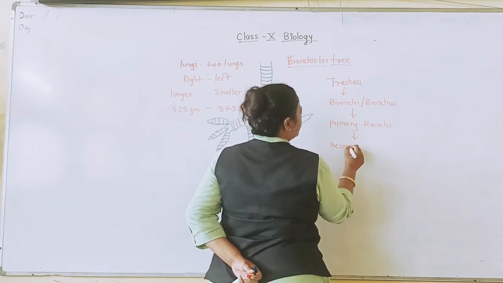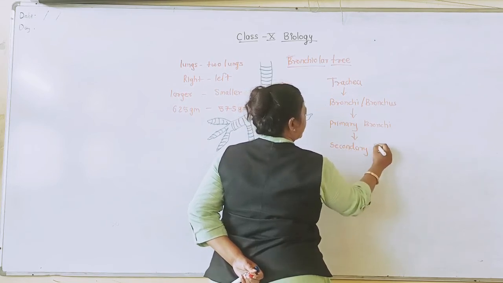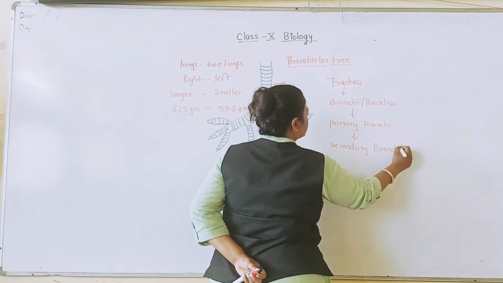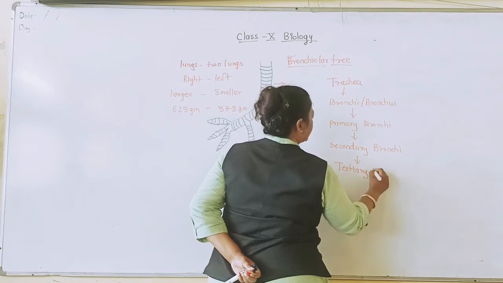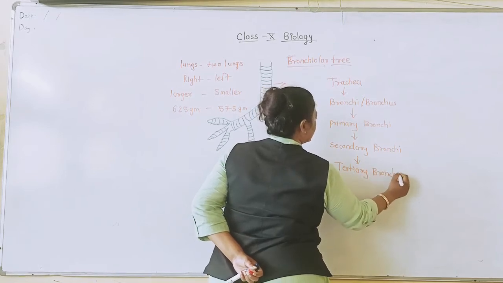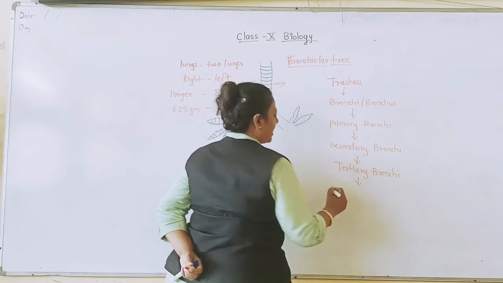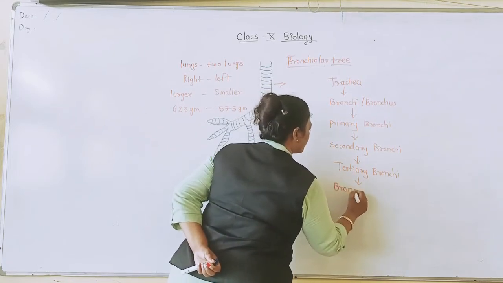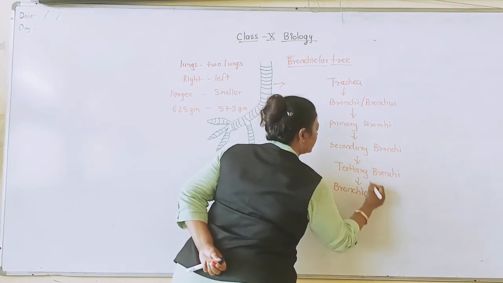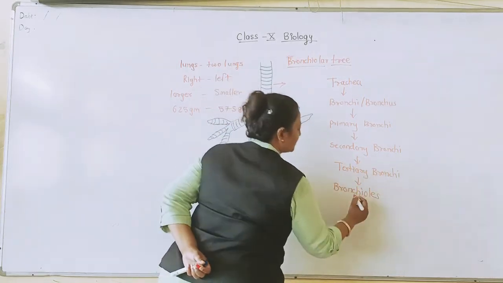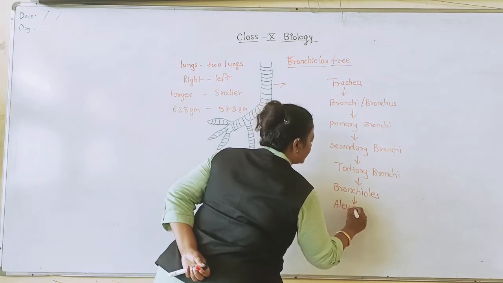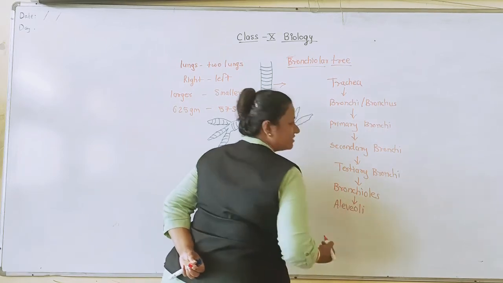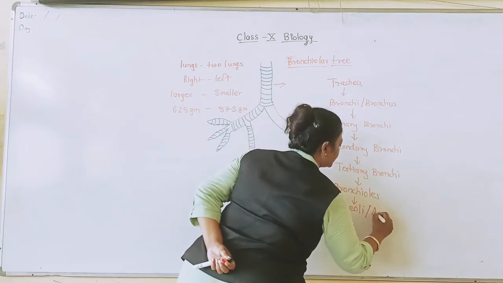Then secondary bronchi, then tertiary bronchi, then we will have bronchioles. Bronchioles we will have at the tertiary bronchi. After bronchioles we will have alveoli, and singular it is called what? Alveolus.